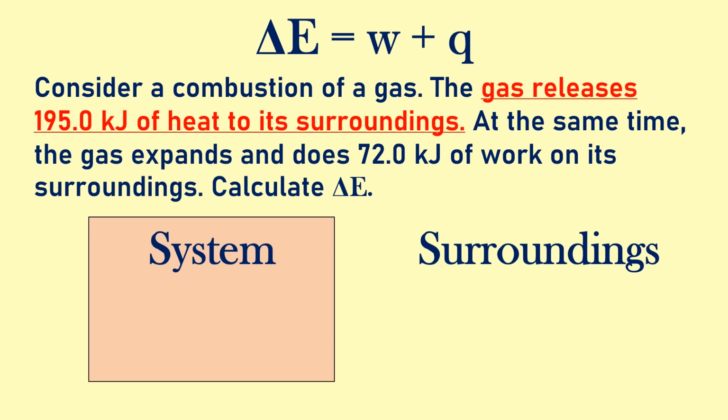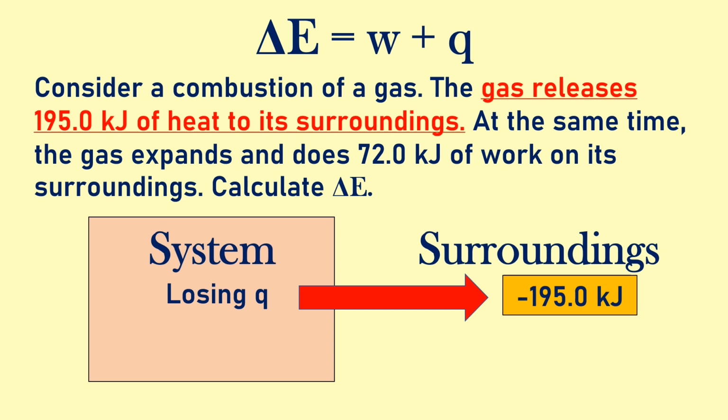This means that the gas is losing heat. The system is losing energy to the surroundings. In this example, it is losing 195.0 kilojoules. Because the system is our point of reference, notice I inserted a negative sign in front of 195.0 kilojoules.